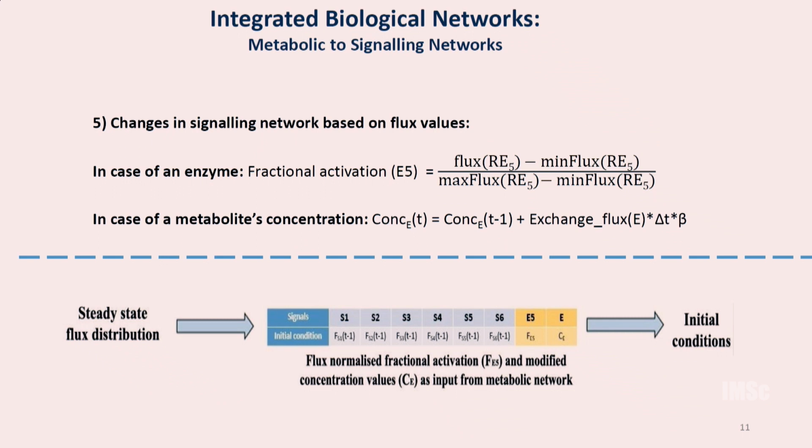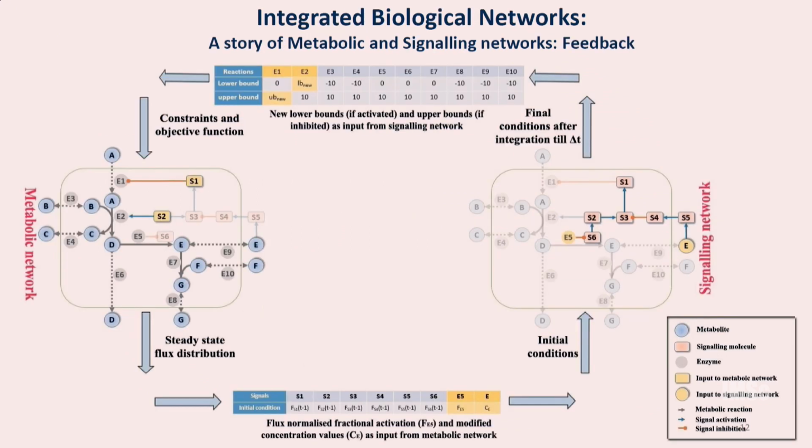So we did it that way. We used the steady state distribution, computed some new updated initial conditions, and then simulated our signaling pathways. And we keep doing this until we achieve steady state, okay? It means that after a certain time, there will be no changes in the signaling fractional activation or in the metabolic flux distributions.